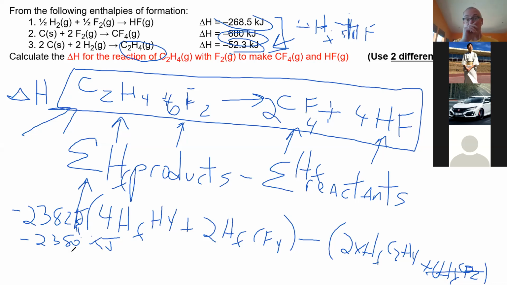But in both instances, you need a balanced equation. So we needed to balance this overall equation. Oh, wait a minute, it's 1 mole of C2H4, right? So just 1. That should give you 2380 kilojoules.